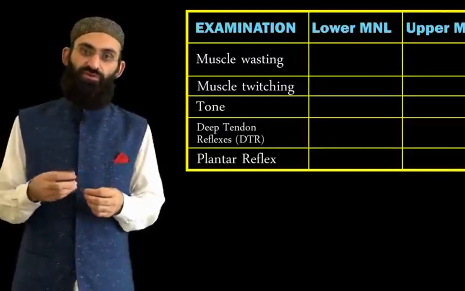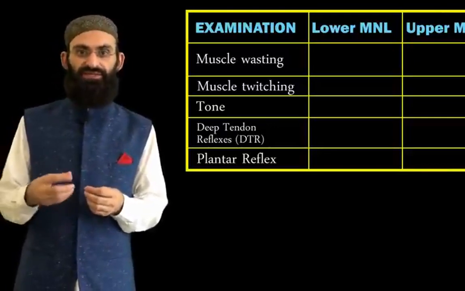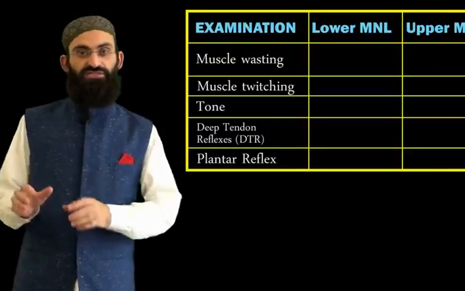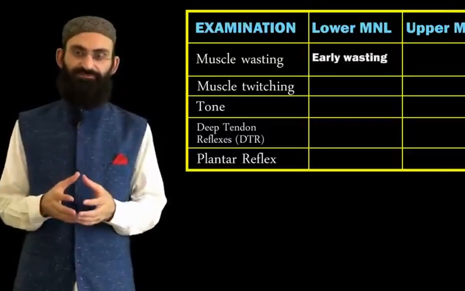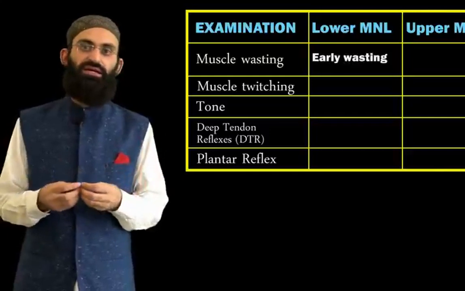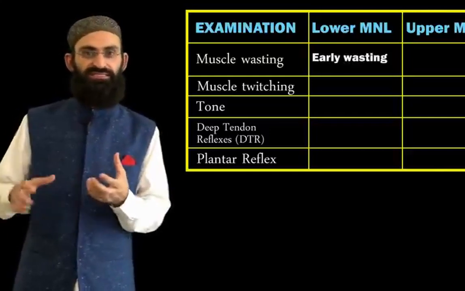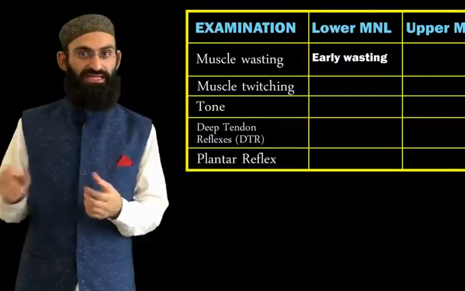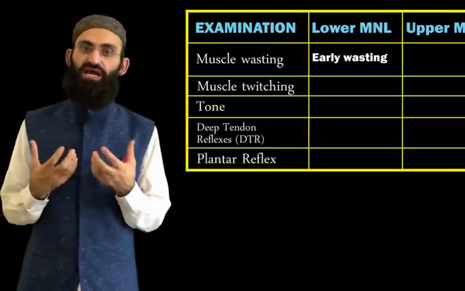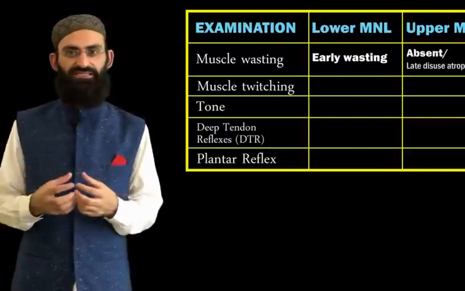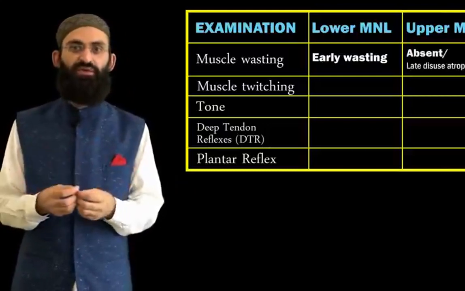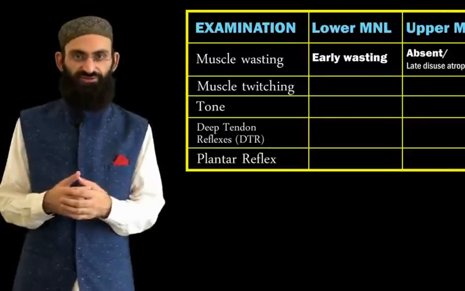So in case of a lower motor neuron type weakness, there is denervation atrophy. So early wasting is a feature of lower motor neuron type weakness. On the other hand, in upper motor neuron type weakness, since lower motor neurons are intact, wasting is not a common feature of this type of weakness, except in cases of advanced disease where the patient may develop disuse atrophy.